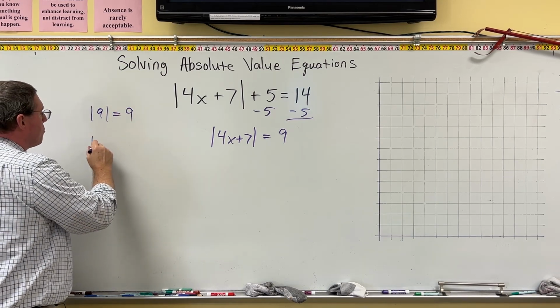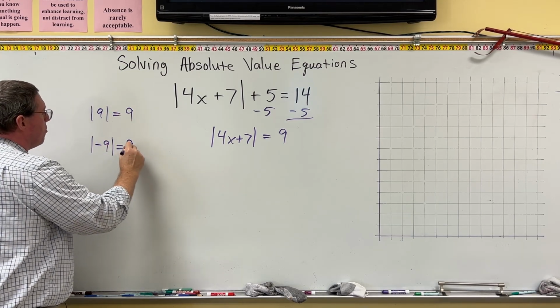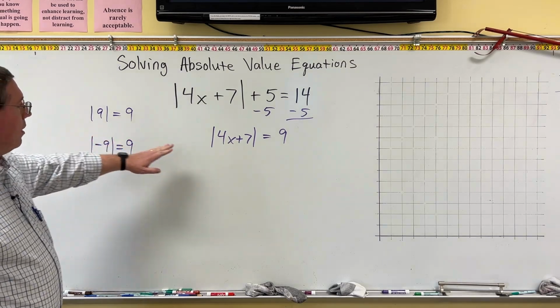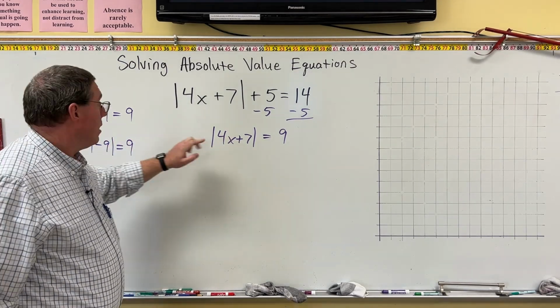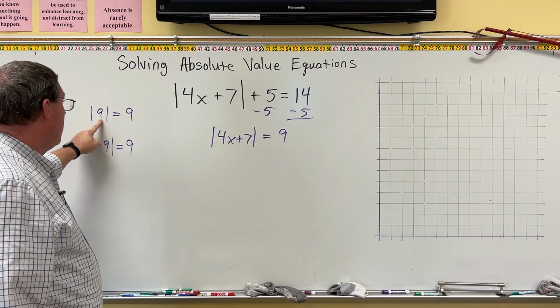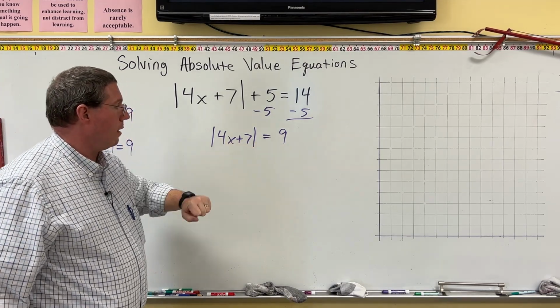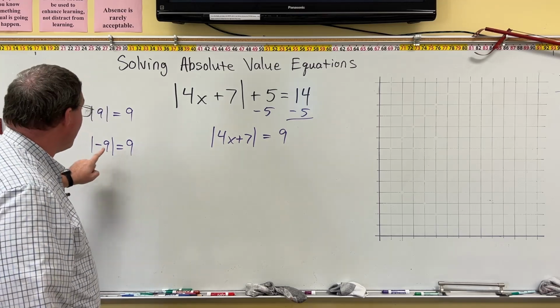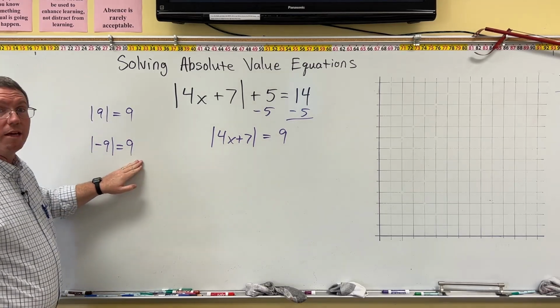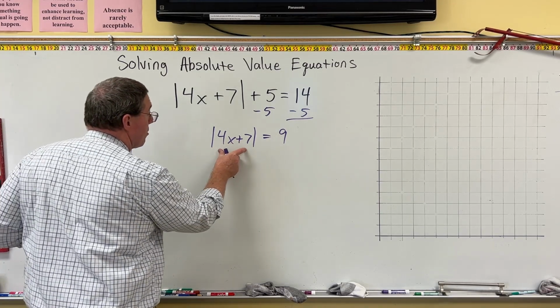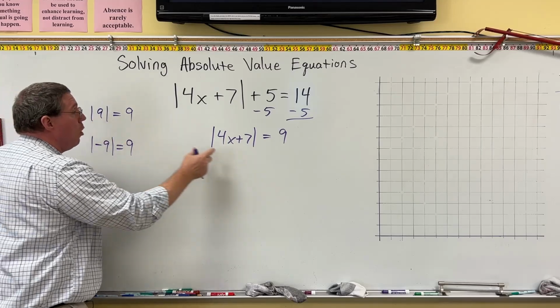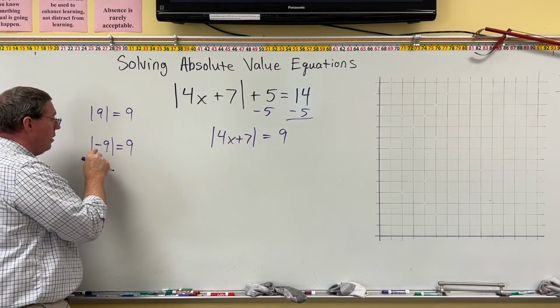And if we had an absolute value of negative 9, that would also be equal to 9. So, if 4x plus 7 is 9, then the absolute value of 4x plus 7 would be 9. But if 4x plus 7 was negative 9, it would also equal 9. So 4x plus 7 can equal 9, or 4x plus 7 can equal negative 9.